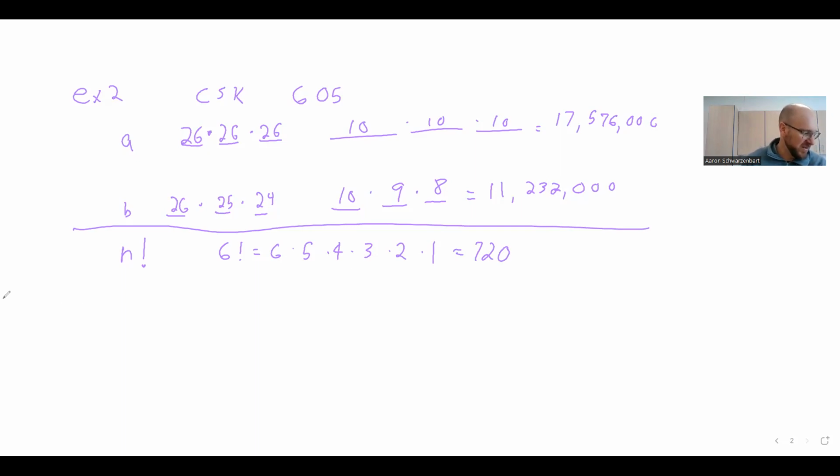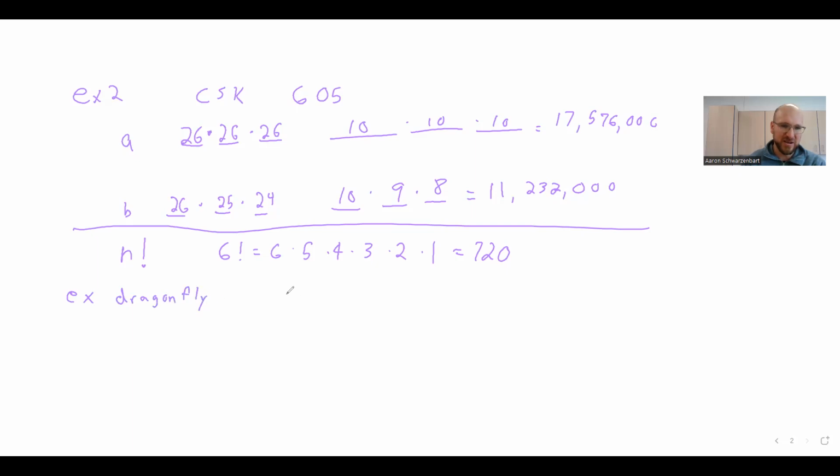So a permutation of an n set is n factorial. So can you determine the number of 9-letter words you can write from these? This is example 3, and the word is dragonfly.